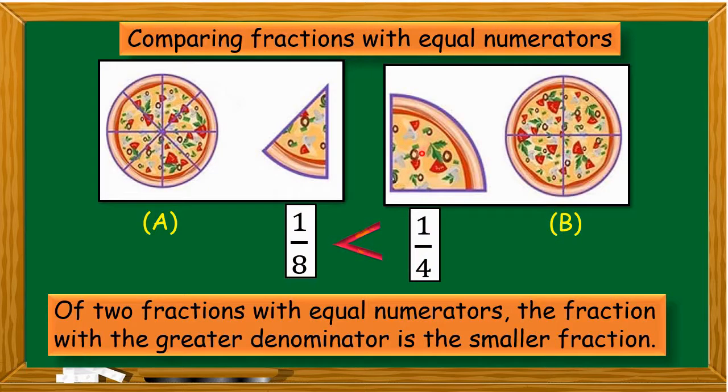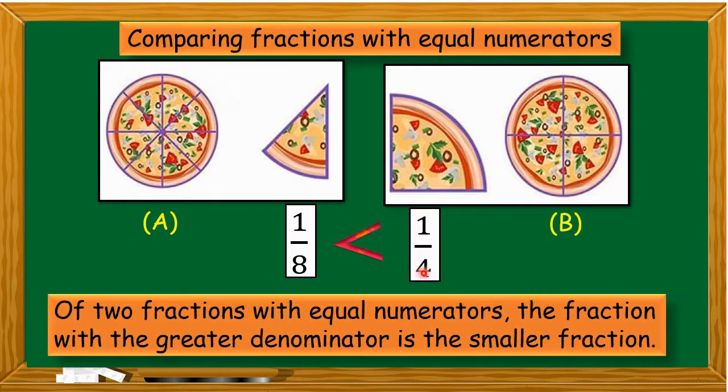Therefore, here let us compare these two fractions. As this piece is smaller than the piece of a pizza in figure B, we can say fraction 1 upon 8 is smaller than the fraction 1 upon 4.